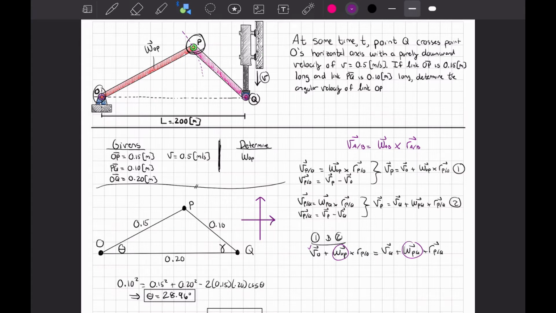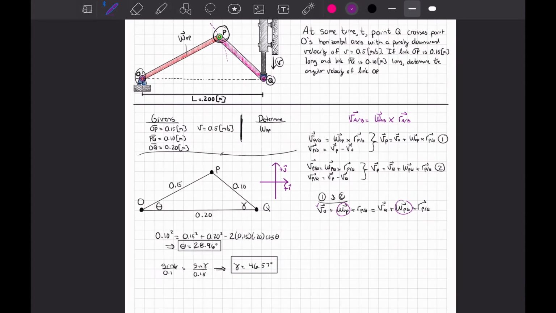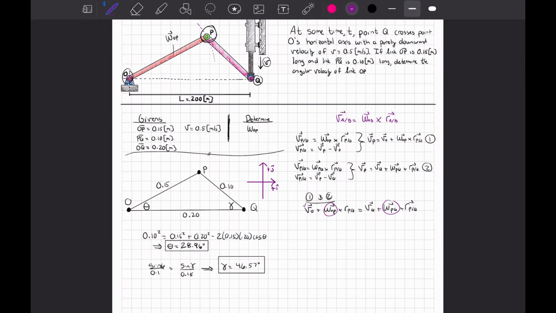So I'm going to be calling this positive j hat or positive y, and then positive i hat or positive x. And then positive k hat would be denoted from the right-hand rule. Okay? So we will proceed forward.